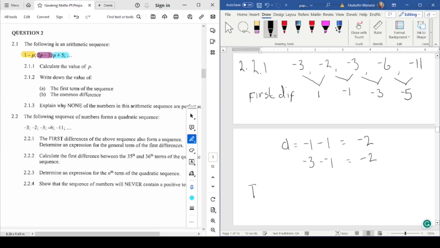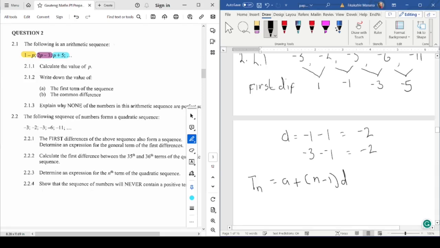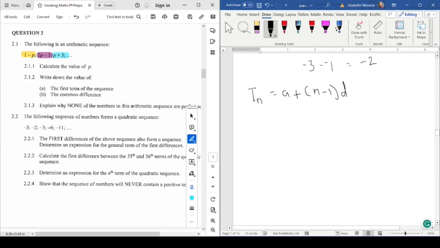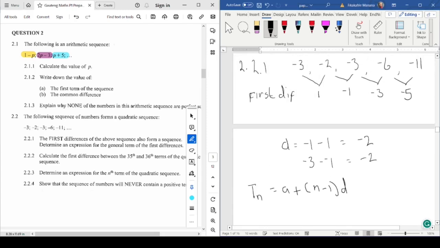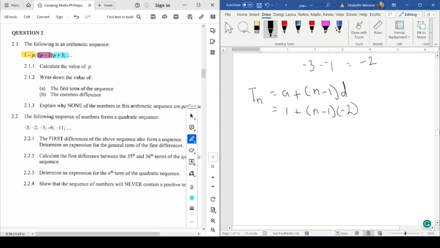Now we know that the general term is given by Tn equals A plus (n minus 1) d, right? We know this. As we continue with this question, we need to substitute the values of these variables. What is A? A is 1, plus (n minus 1), and the difference we solved to be minus 2. So all we need to do now is get rid of the brackets.